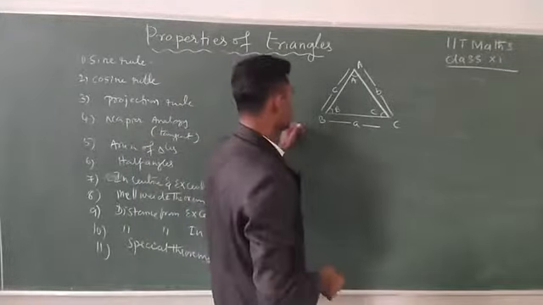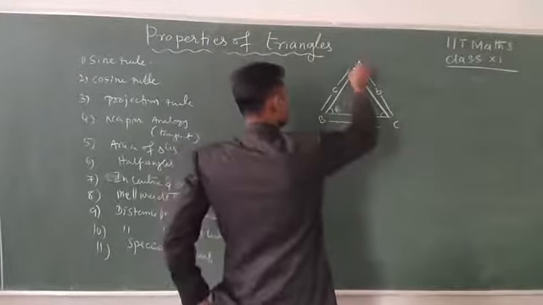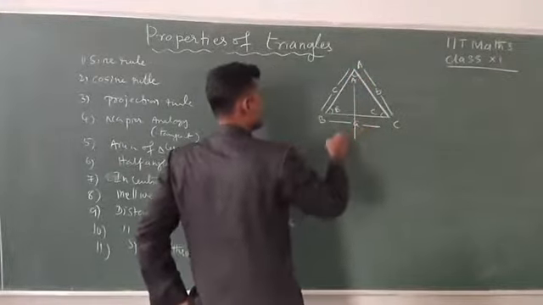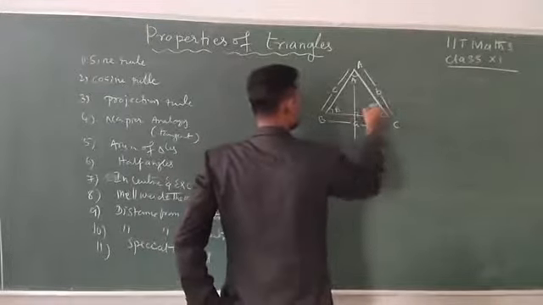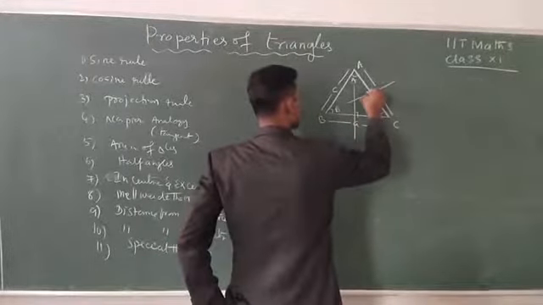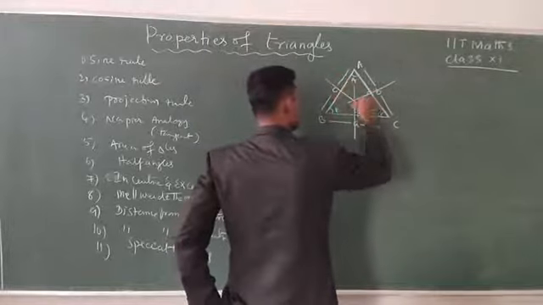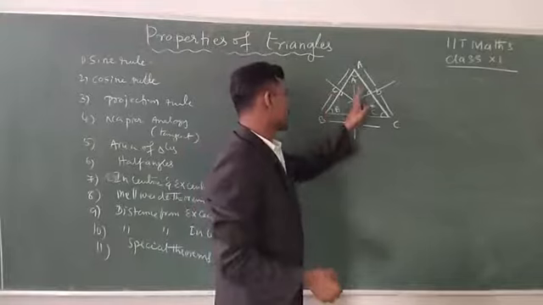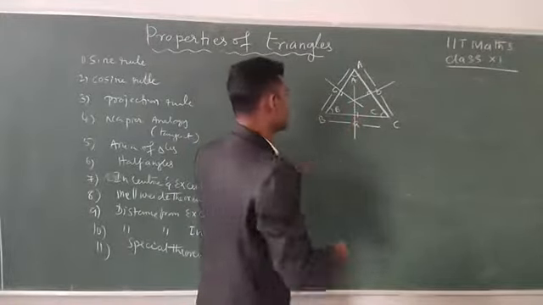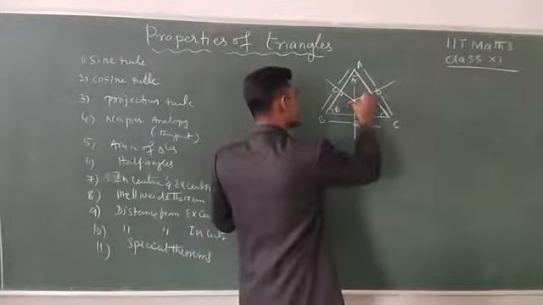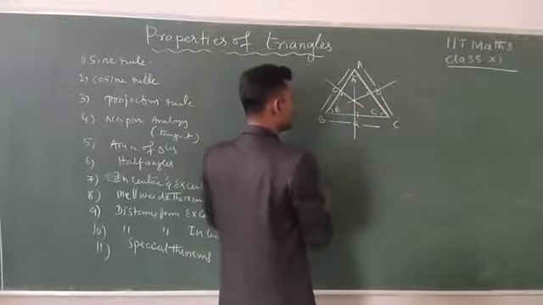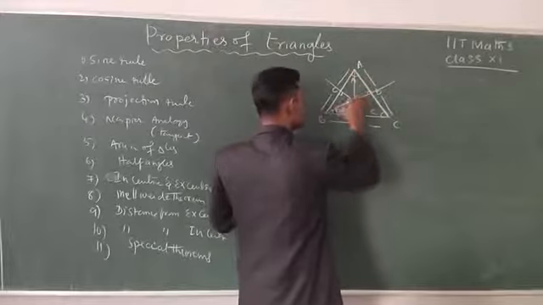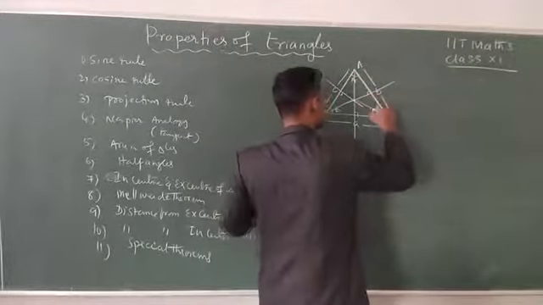Now see here, we have to draw the perpendicular bisectors of these three sides. The intersecting point is called the concurrent point, and these intersecting lines are called concurrent lines.